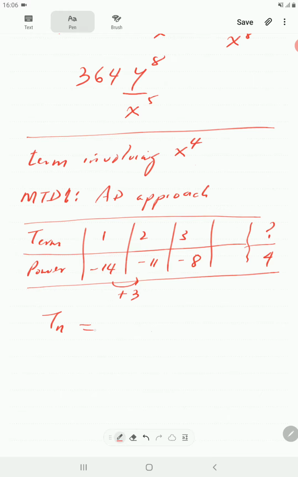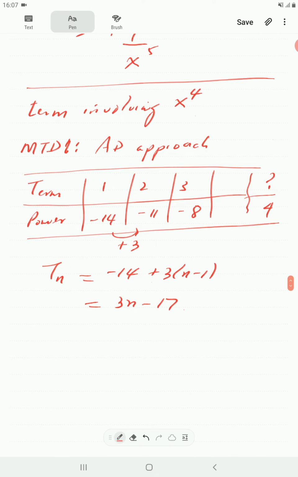So if you like, Tn is going to be negative 14 plus 3 into n minus 1. So this is going to be 3n minus 17. So for the term in question, we need this to be equal to 4.